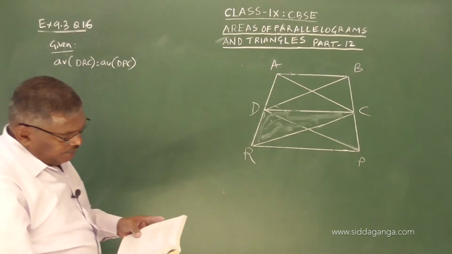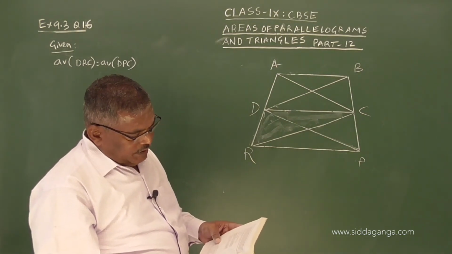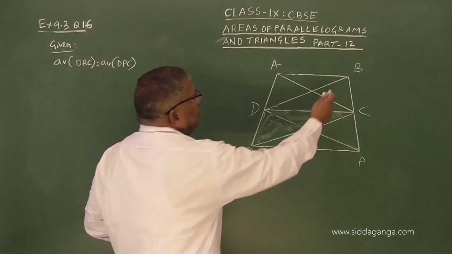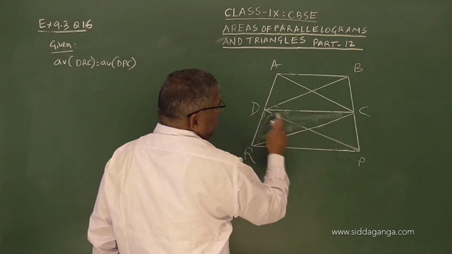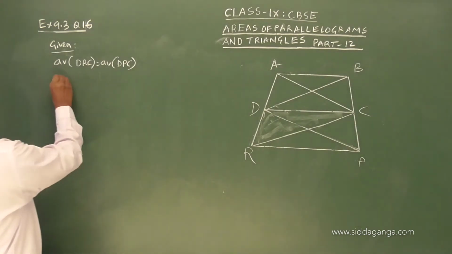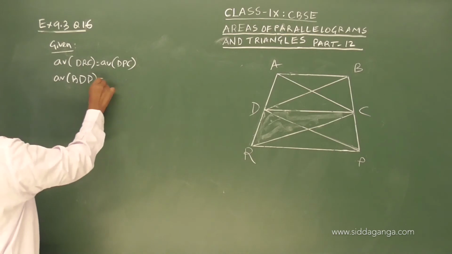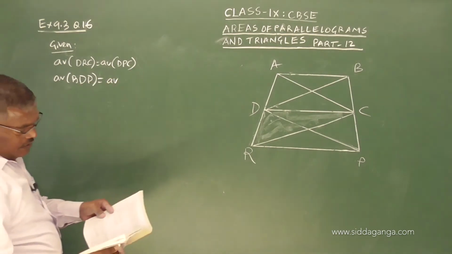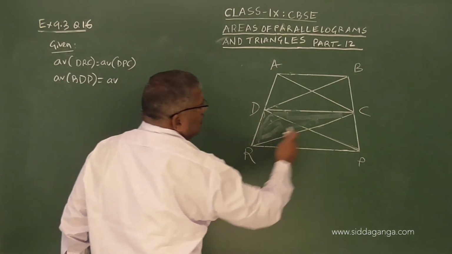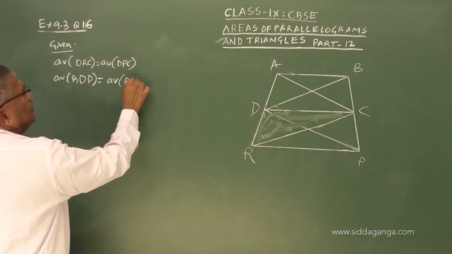This is one data. Area BDP equals area ARC. BDP, this bigger triangle, area BDP equals area ARC, this bigger triangle, area ARC.